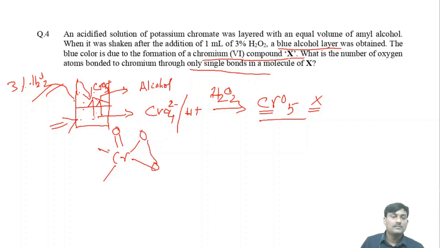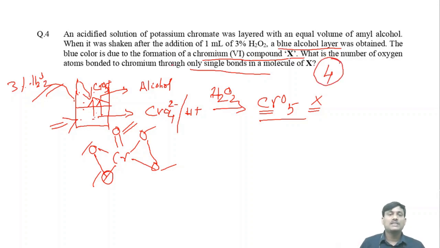Here this oxygen is attached to chromium with a double bond. This one is only a single bond, this one is only a single bond, and this one is only a single bond. So how many oxygens are directly attached to chromium with only single bonds? Only 4 out of 5 have single bonds.